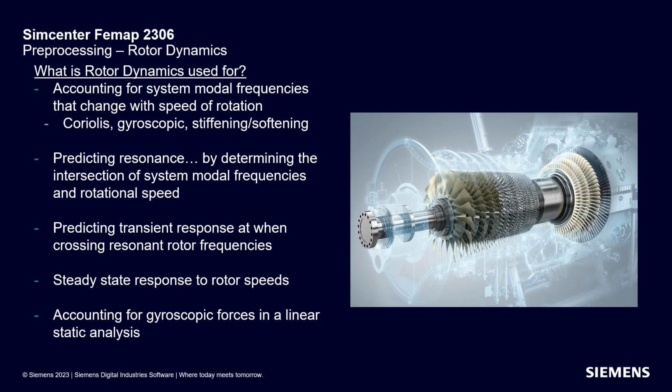And then also you can predict transient response if you wanted to dive deeper and look at actually what happens when you do cross one of your component natural frequencies as you ramp up through a rotational speed.